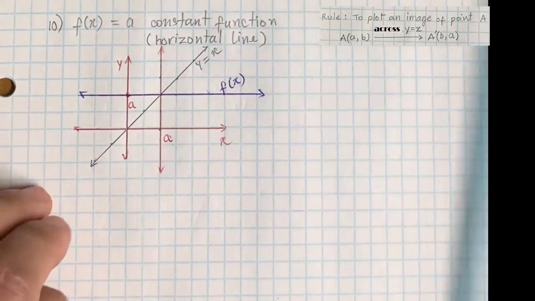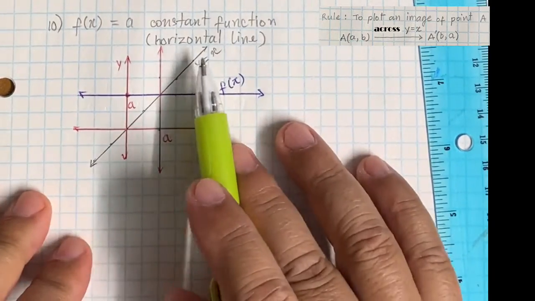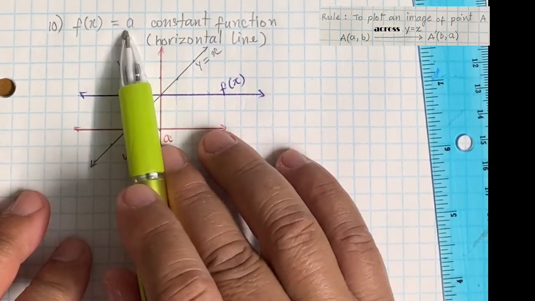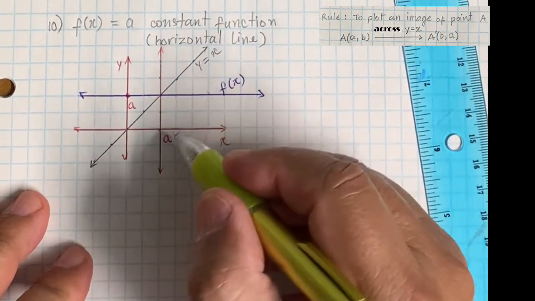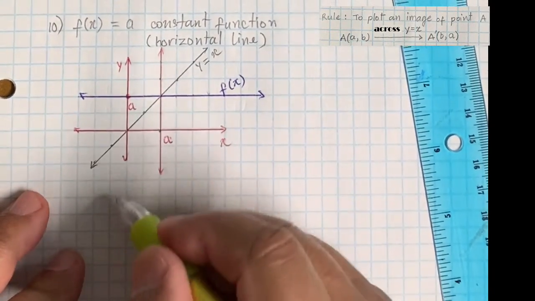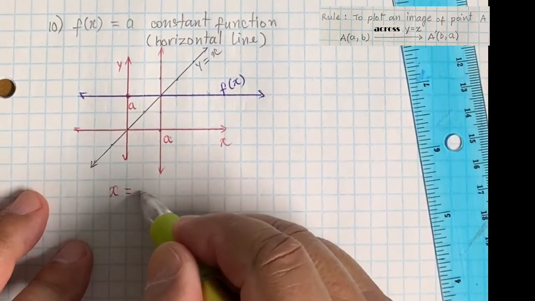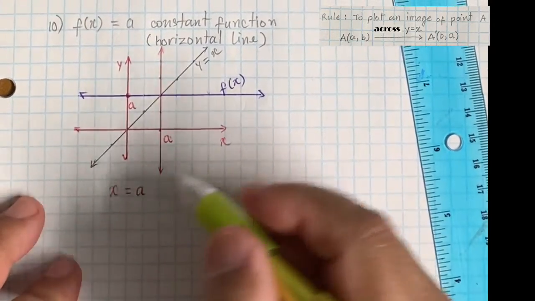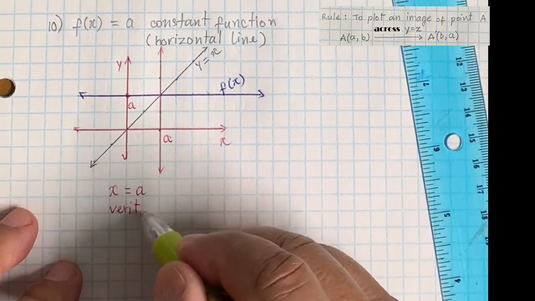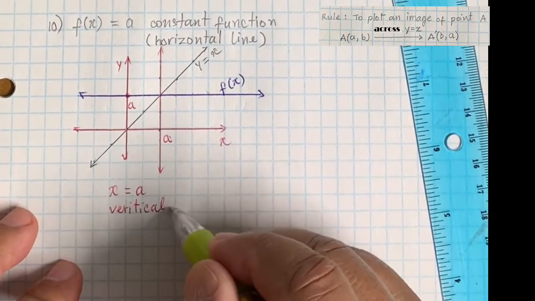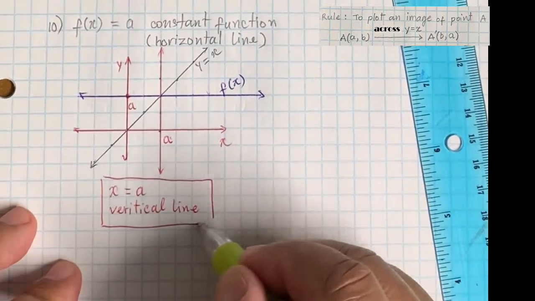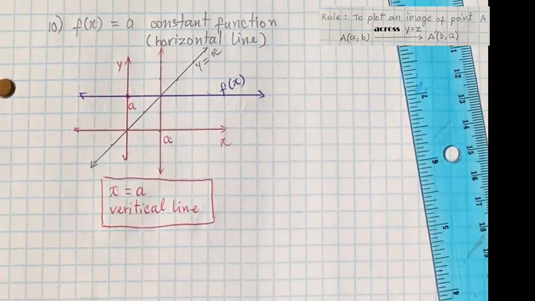So the image of the function f of x equal a actually is the vertical line x equal a. That's the answer. All right, and we are done.